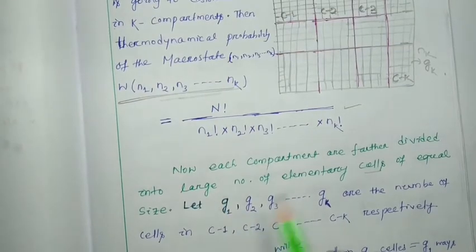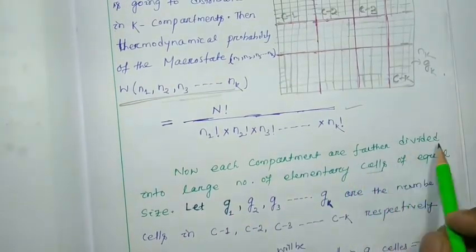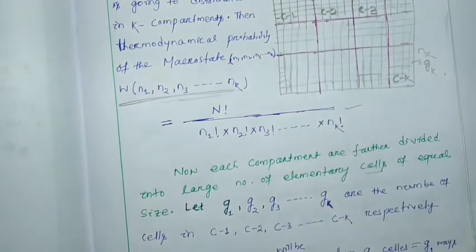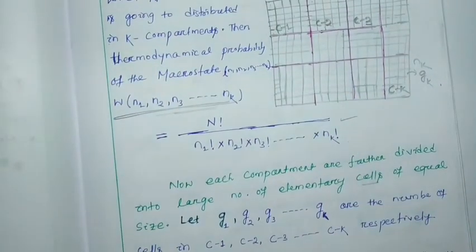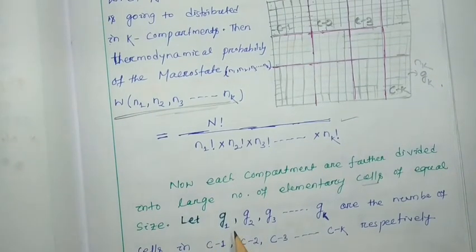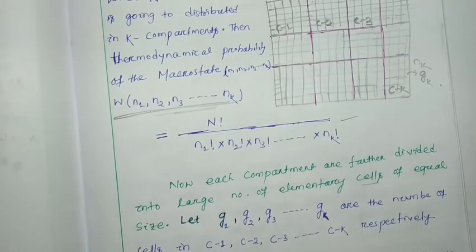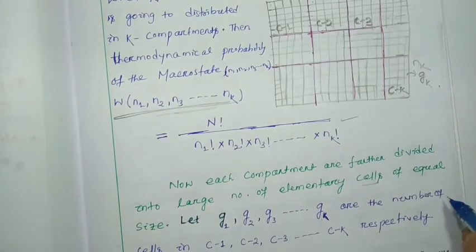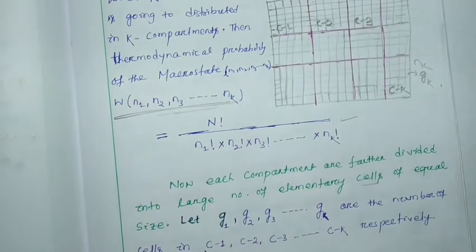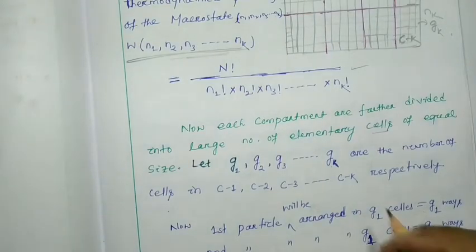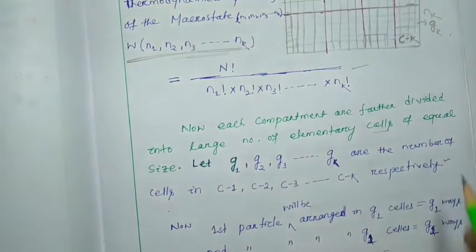So each compartment is further divided into a large number of elementary cells of equal size. Let G1, G2, G3 up to Gk be the number of cells in C1 compartment, C2 compartment, C3 compartment up to Ck compartment respectively.